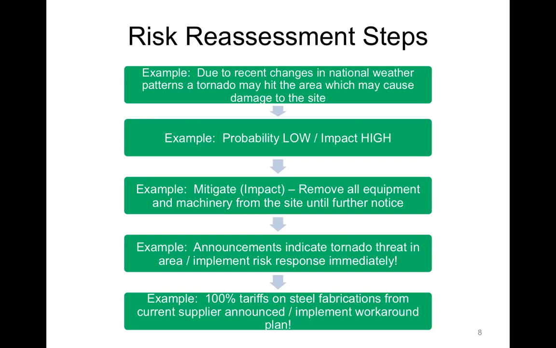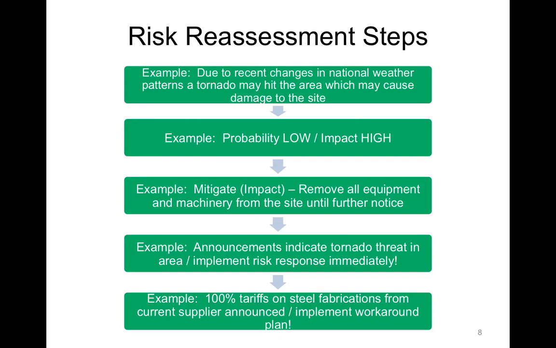The contingency fund is used to respond to known risks that the project manager was able to identify. So there's a difference between the contingency fund and management reserves. The contingency plan is paid for by the contingency fund. The workaround plan is paid for by the management reserve.